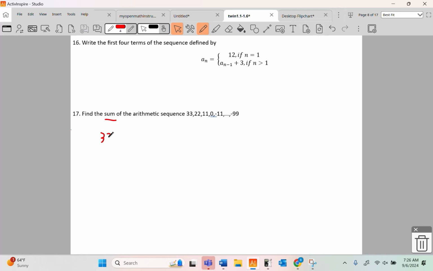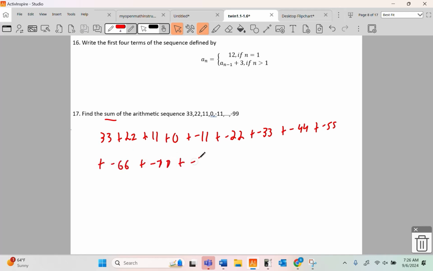Sum, so you're doing 33 plus 22 plus 11 plus 0 plus negative 11 plus the next term's negative 22, the next term's negative 33, the next term's negative 44, the next term's negative 55, the next term's negative 66, the next term's negative 77, the next term's negative 88, and the last term's negative 99. And then push buttons. All right? That always works, kids.